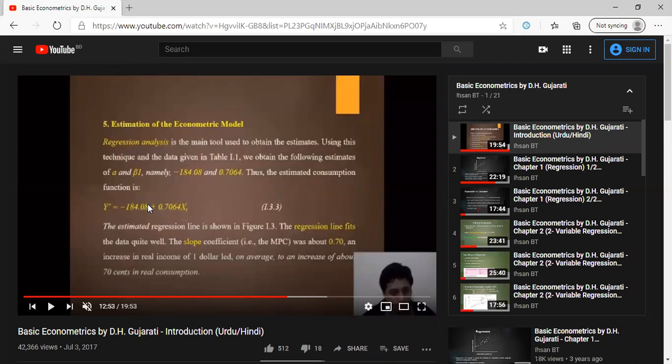This is an educated guess, a scientific procedure to find beta 1 and beta 2. Actually, you will not find them, but you will guess. In a scientific method, to be exact, you will estimate beta 1 and beta 2. We will learn two ways to find them.